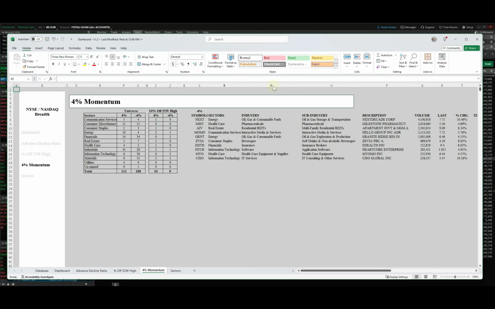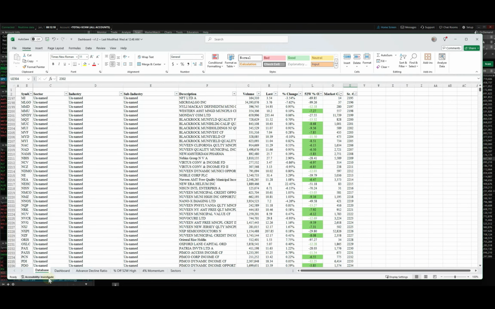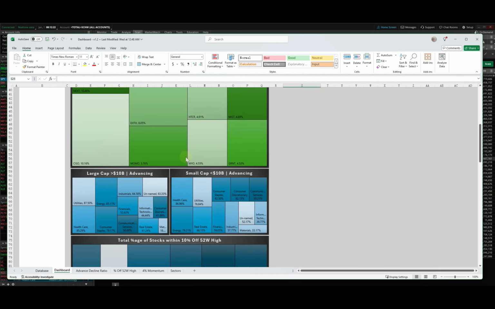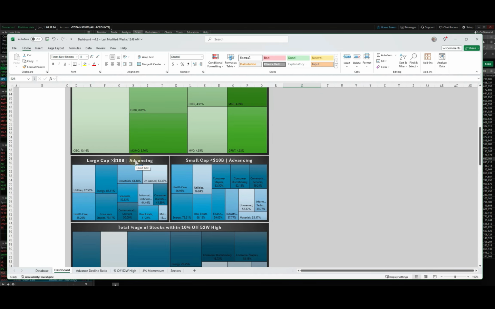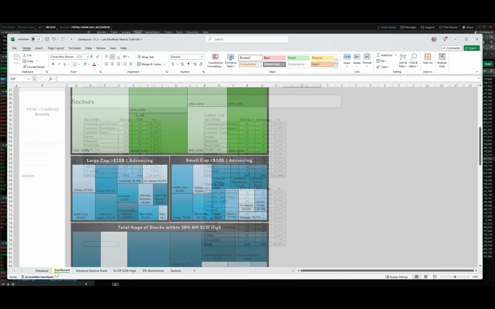It's not so easy to see, but in the dashboard all this data comes from here and you can arrange it like this. And then large cap, it is the same, advancing versus declining. You remember we checked large cap versus small cap, and we can check it here in the dashboard.